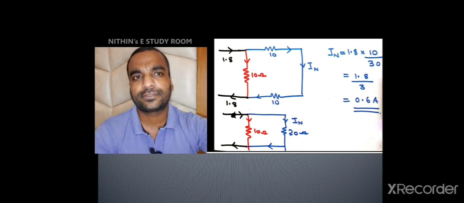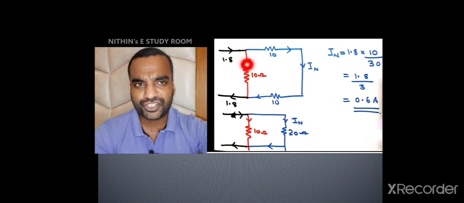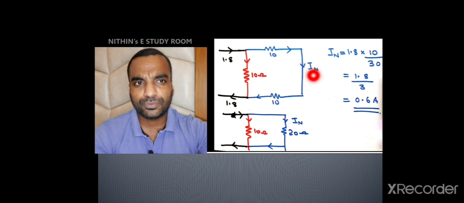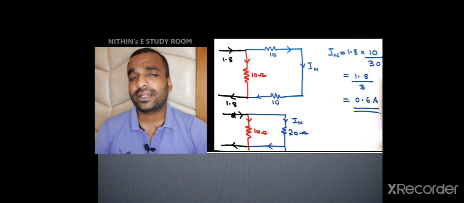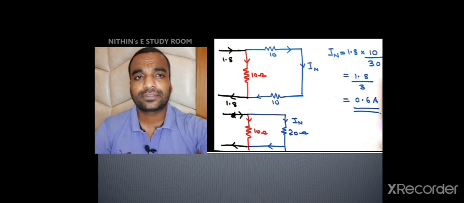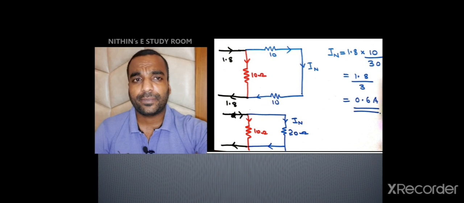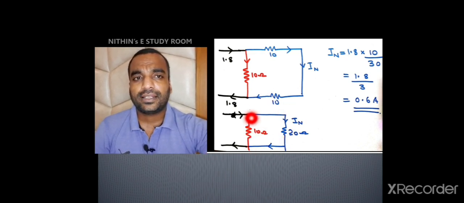IT is 1.8 ampere, that gets split into this orange colored branch and this blue colored branch. In the blue colored branch there is 10 ohm and 10 ohm in series. So you can simplify it as a branch with 20 ohm resistance, and in the other branch there is 10 ohm resistance and the main current is 1.8 ampere.